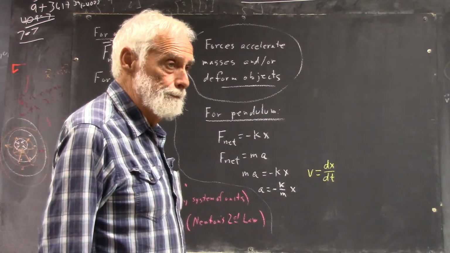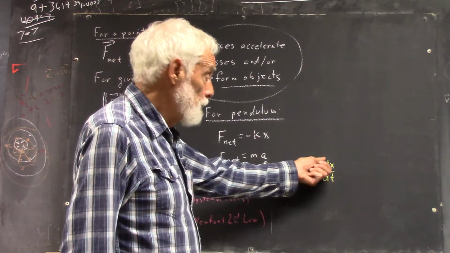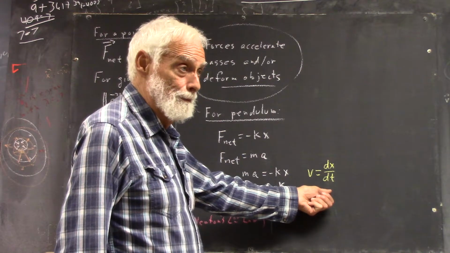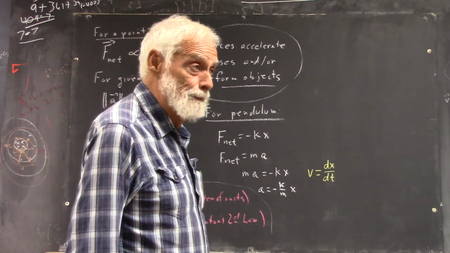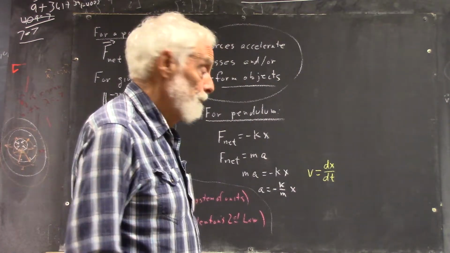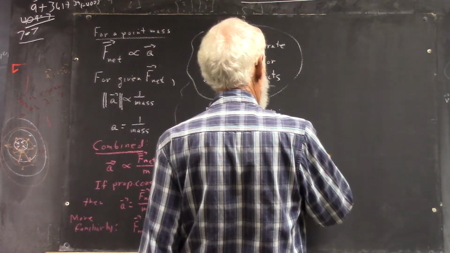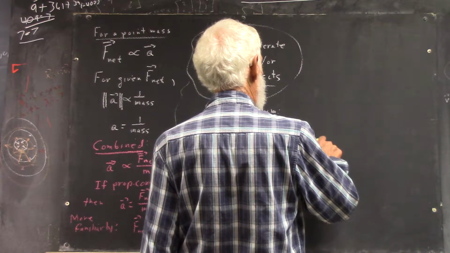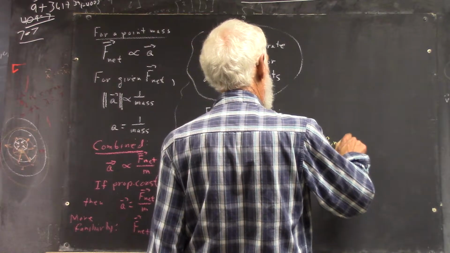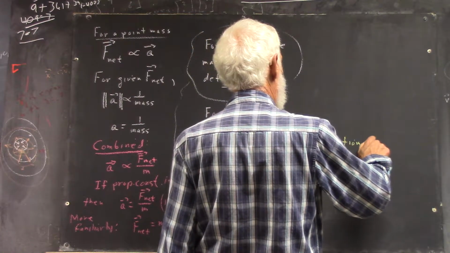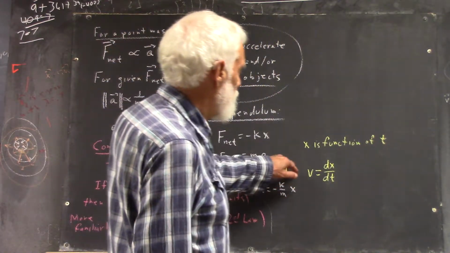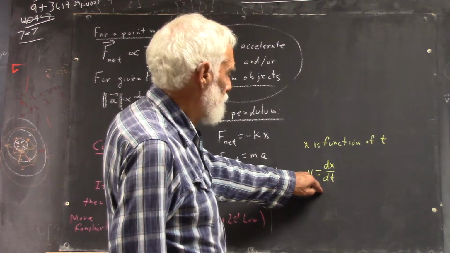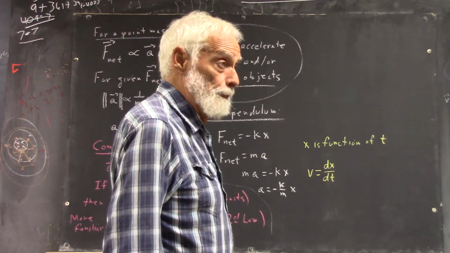Velocity is the rate at which the position changes. Velocity is a derivative of position. X is your position. X is a function of t. So your velocity is a derivative with respect to time of that function.